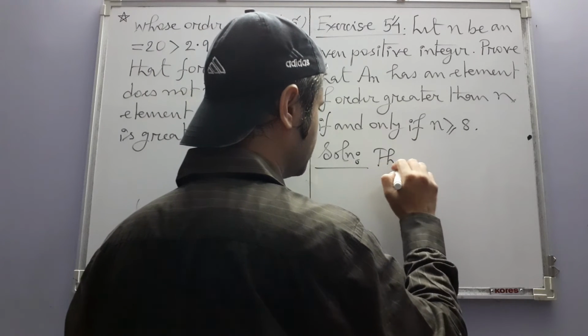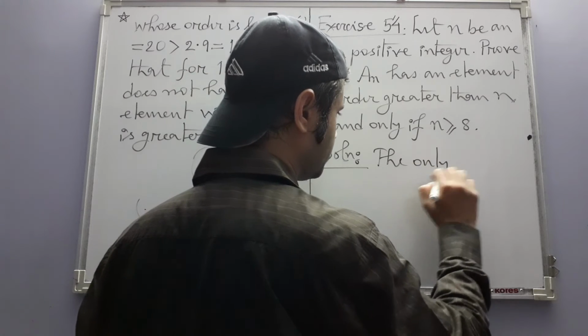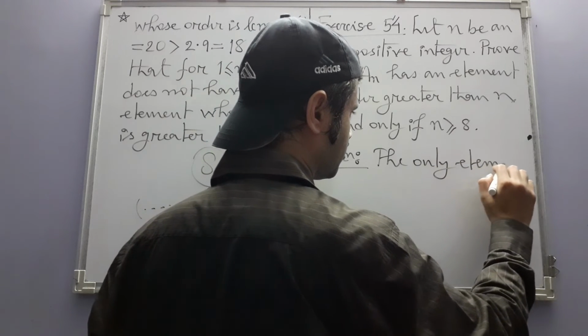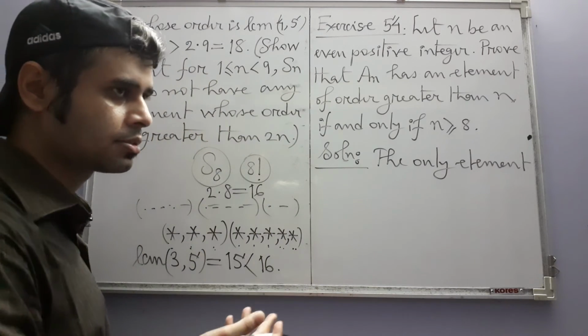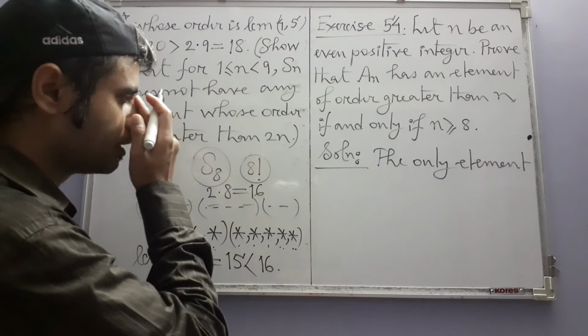So we start from the bottom, we take the smallest possible value of n equal to 2.